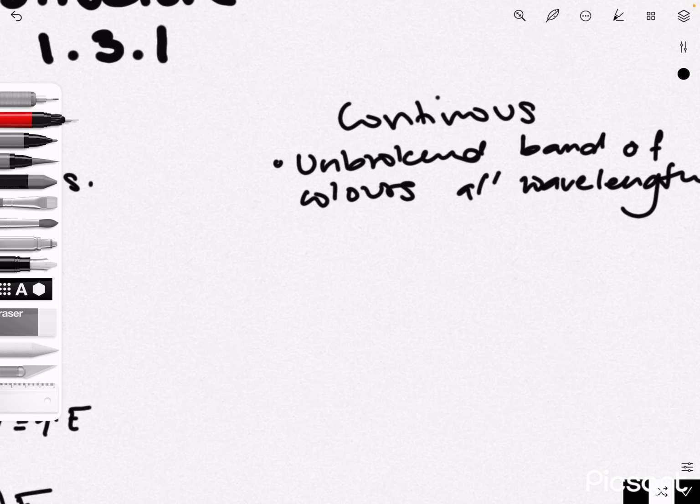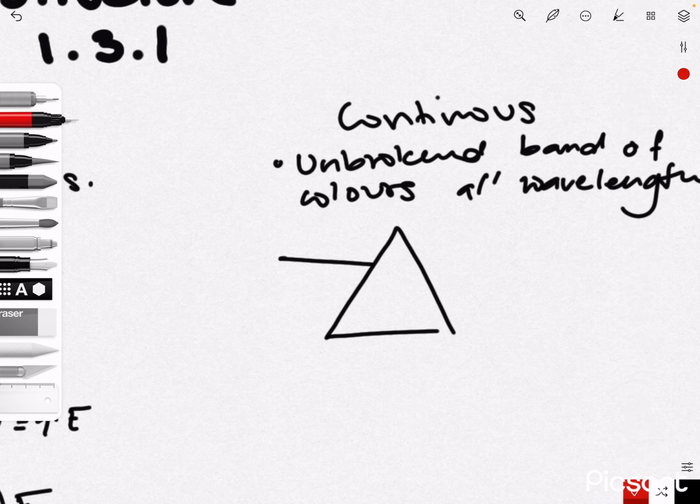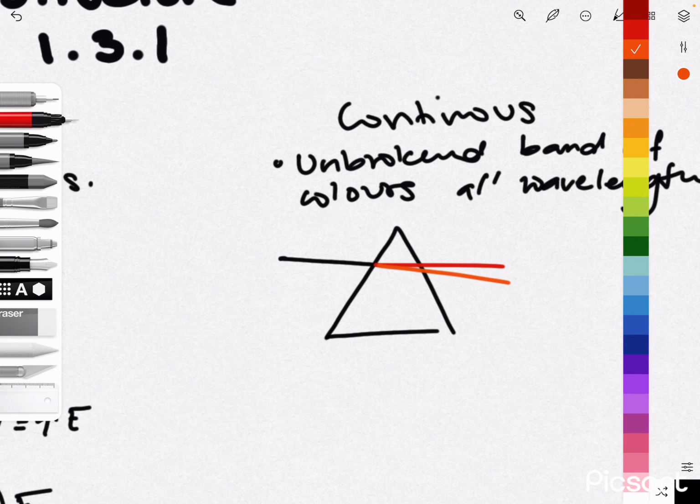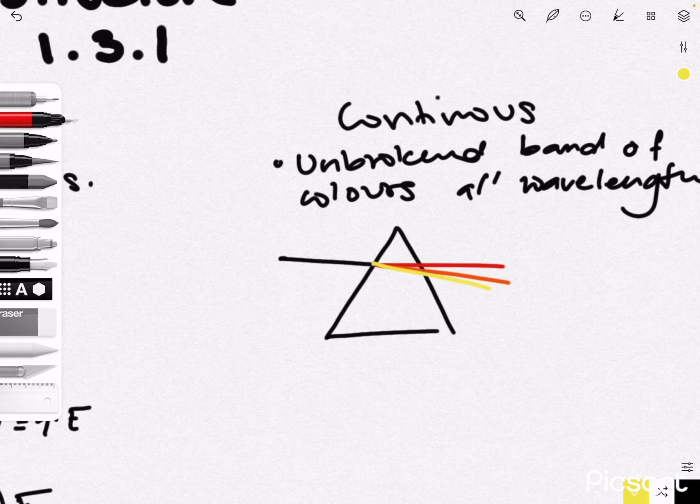So an example of this would be when you pass light through a prism and it all diffracts into all these beautiful colors, which we then see coming out the other end.